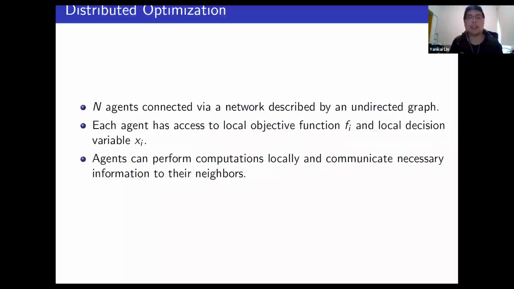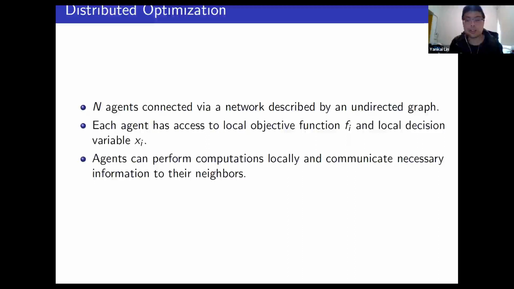So they can share the necessary information with their neighbors. And each agent only has access to its local objective function fi and its local decision variable xi. So they don't have any information about other agents unless someone decides to transmit it.